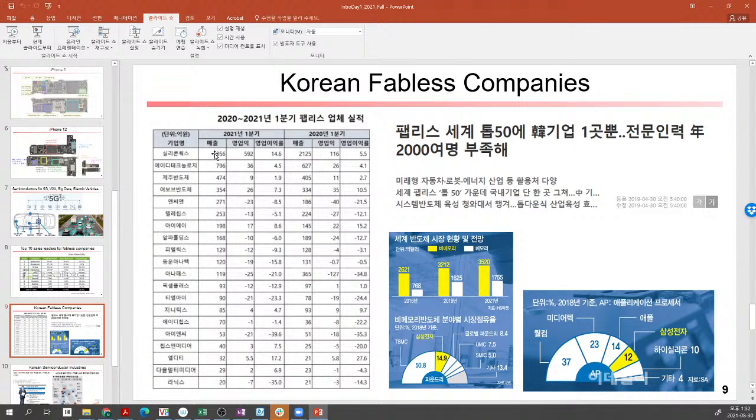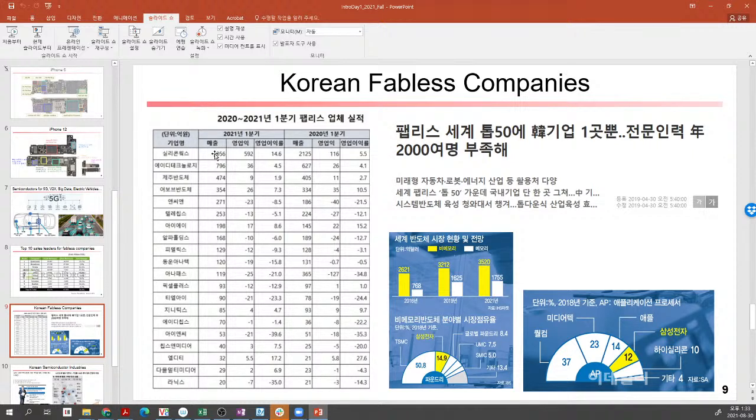Mostly they provide the display driver IC for TVs, and the Apple display is mostly provided by LG Display. So Silicon Works provides chipsets for displays like OLED or LCD displays.